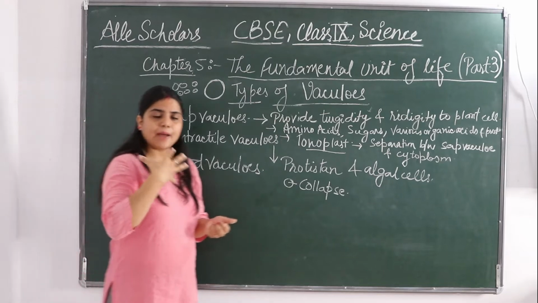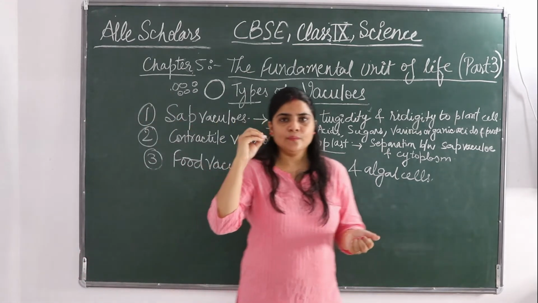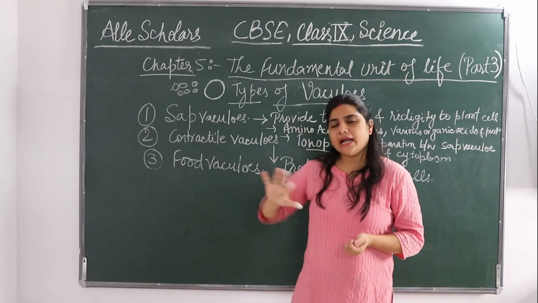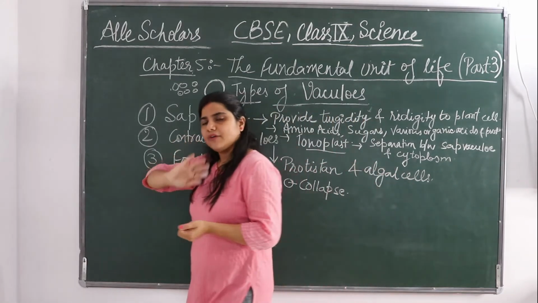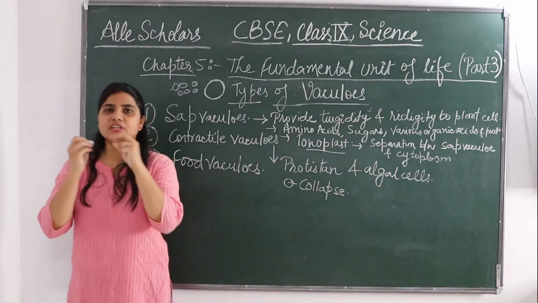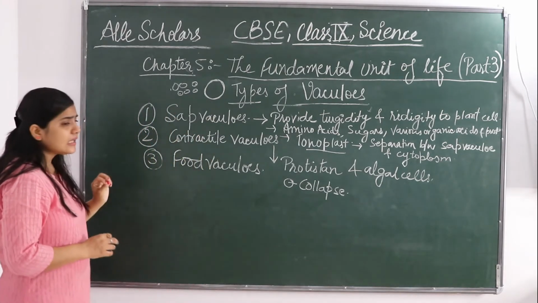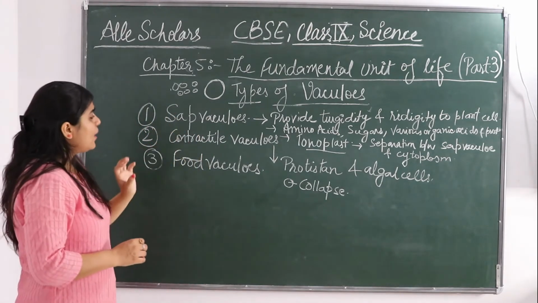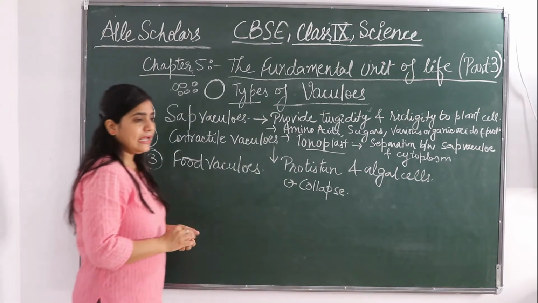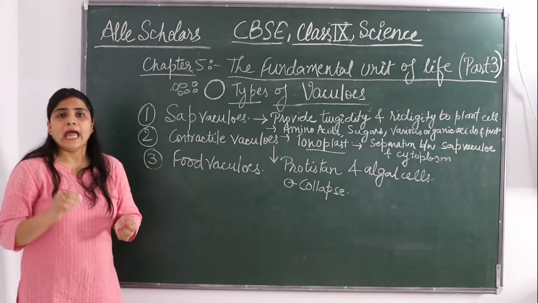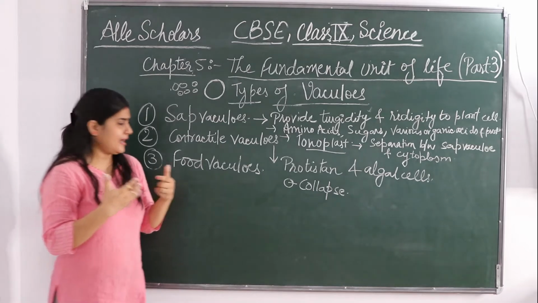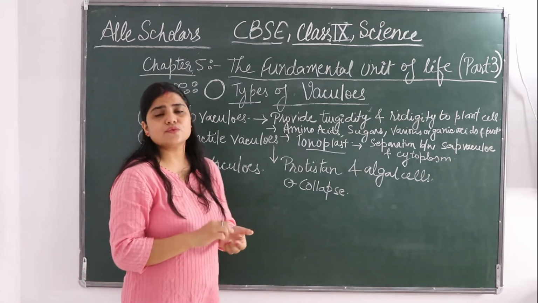Why is that? Similarly is the case in the contractile vacuoles. They have a capacity to get extended, and a stage will come that after a lot of extension they collapse. Okay. So these contractile vacuoles, what is their importance? They play an important role in expelling excess water.